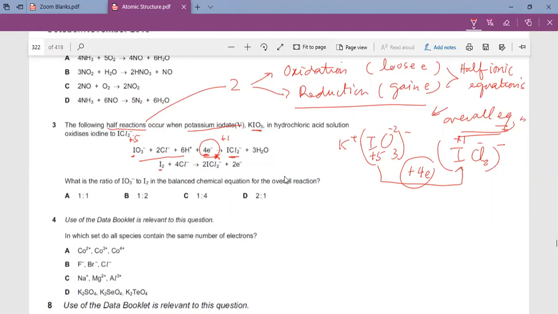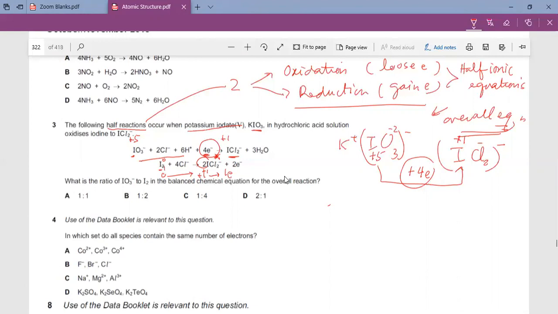Now remember iodine here is charged 0. We just learned that in ICl2 minus, iodine is positive one. Since there are two I here, from zero to +1, each must have lost 1 electron.